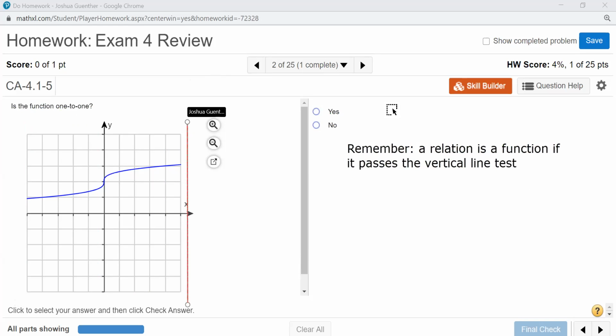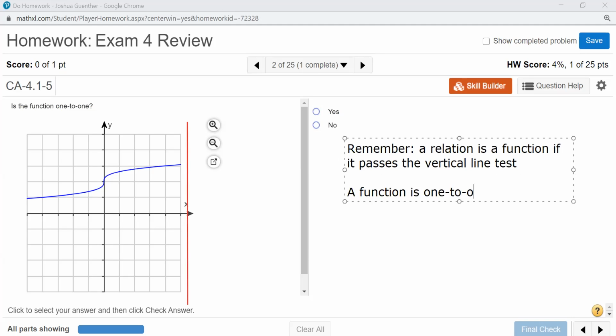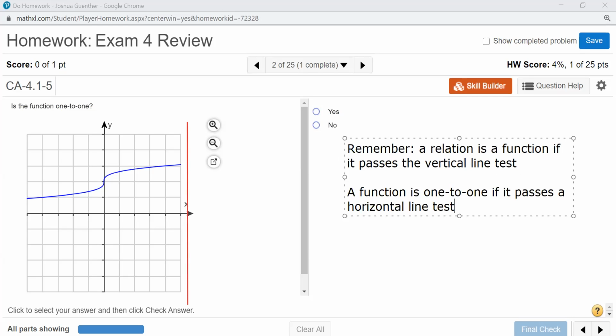So we have a vertical line test. That's great. We already knew that one. But a function is one-to-one if it also passes a horizontal line test. That's what we care about in this problem.